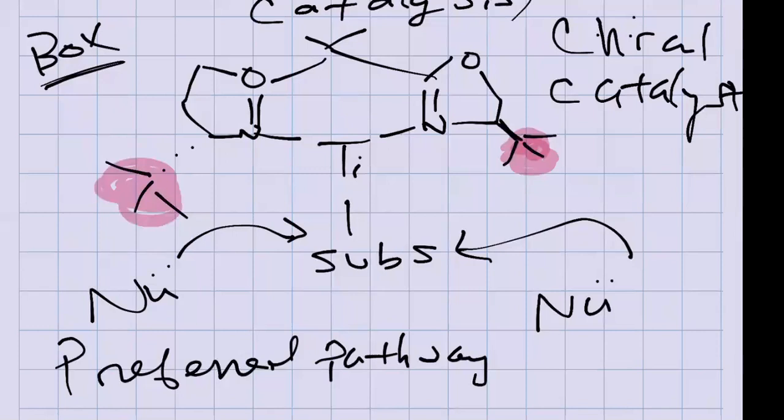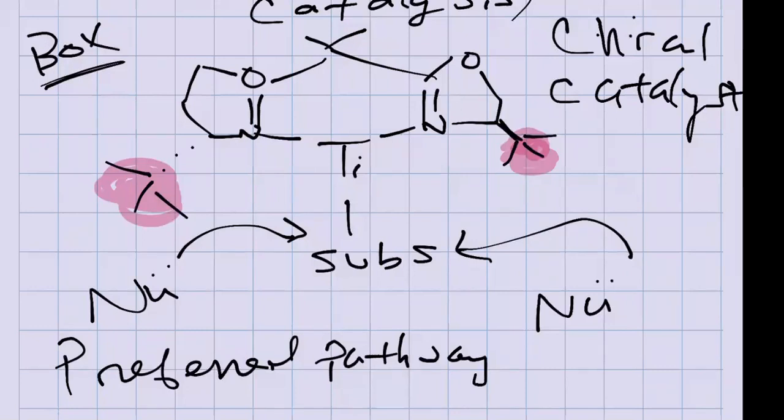So when you do a reaction like that, that's going to lead to an unequal mixture of stereoisomers, right? So you're not going to get a 50-50 mixture if you use a chiral catalyst, unless it's just bad.